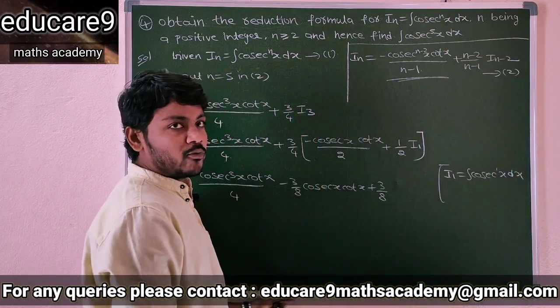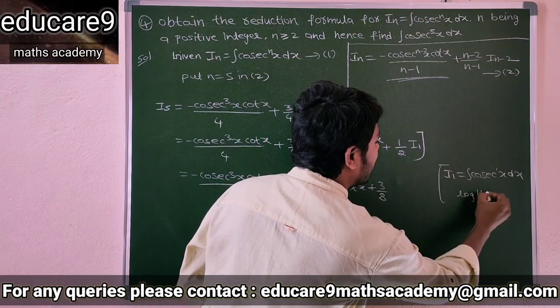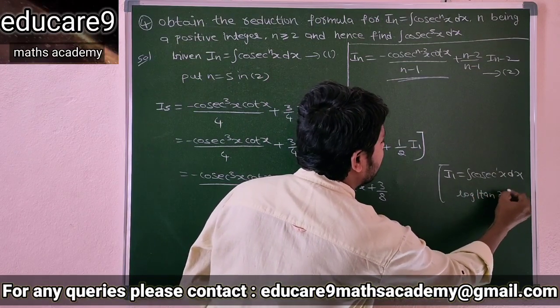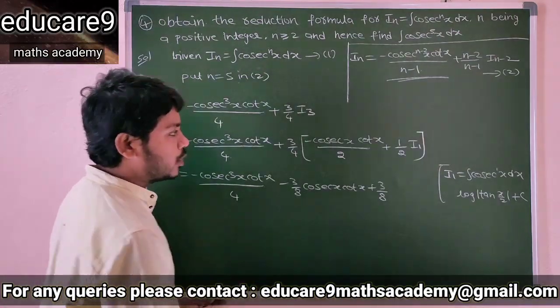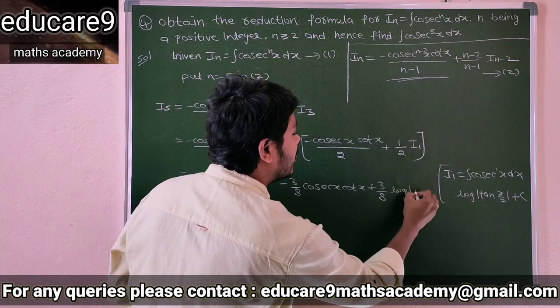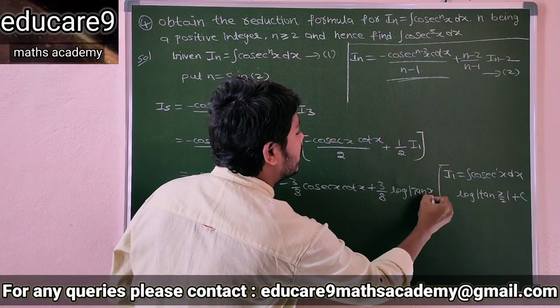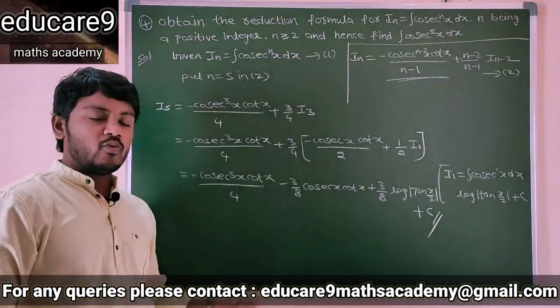So integration of cosec x is log of tan(x/2) plus c. So apply 3 by 8 into I1, where I1 is log of tan(x/2) plus c. So this is the required answer.